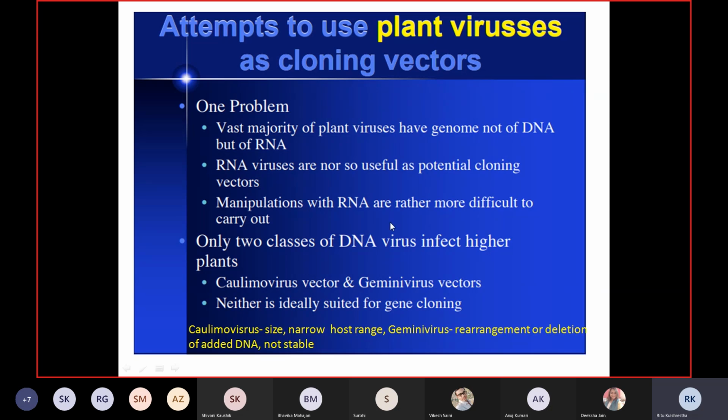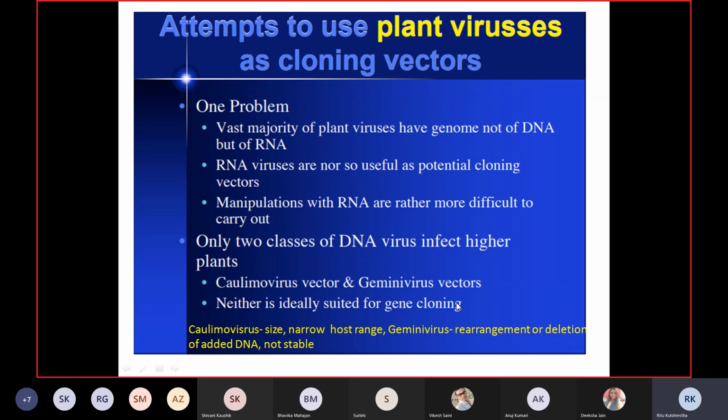So, as a molecular biologist, you would try to do something about that. Let's say the infection with Colimo or Gemini virus is very good, so you feel this is a very good strategy for transfer of your gene of interest, but you find that these disadvantages are there. Then what will you do?